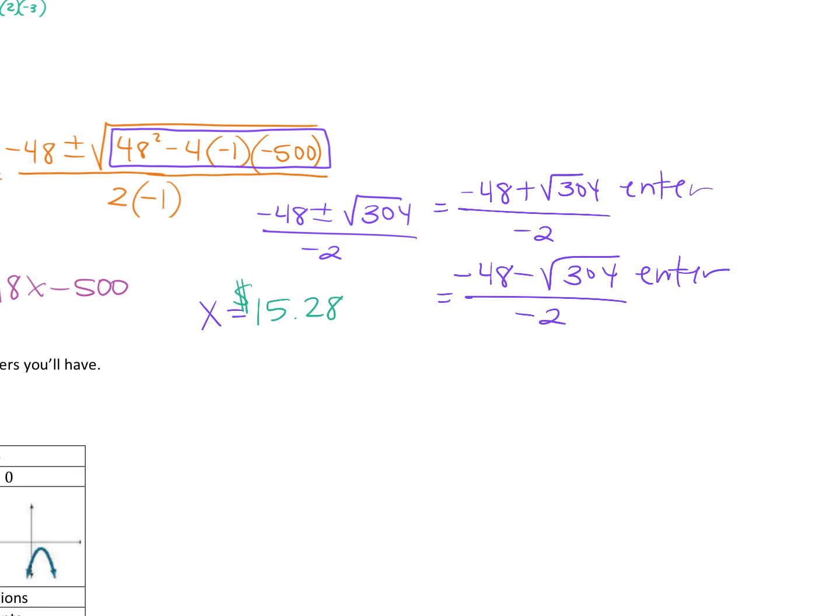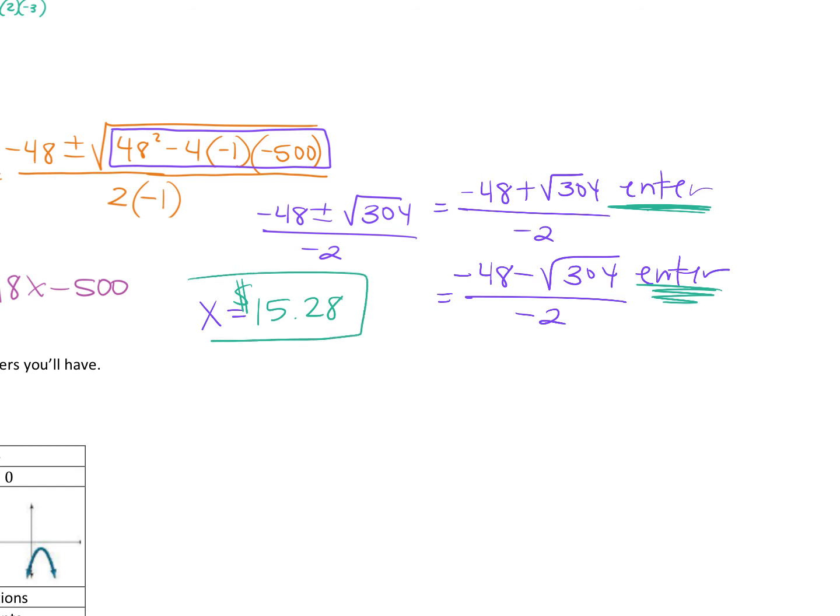Okay, you're plugging something in wrong. Go negative 48 plus the square root of 304, enter. And then divide by negative 2. Oh, okay. Yeah, you have to do this enter here. Okay. You got it? Okay.